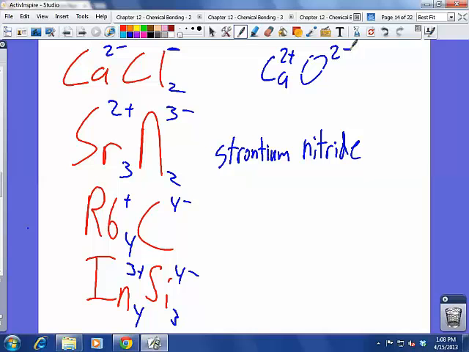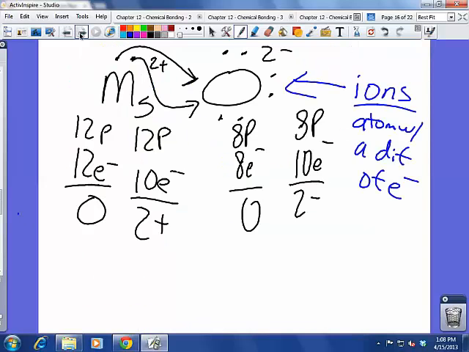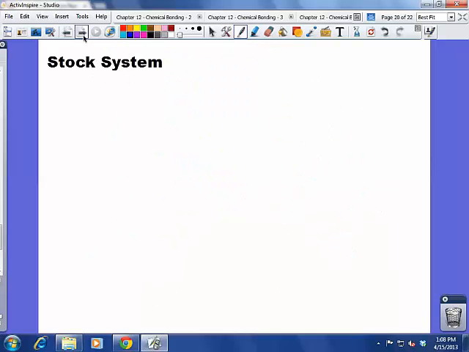Now, the very last thing I want to talk about before being done for today, I promise, is what to do about those guys in the middle. What do we call these? Transition metals. They're metals, so what does that mean? They're going to lose electrons.